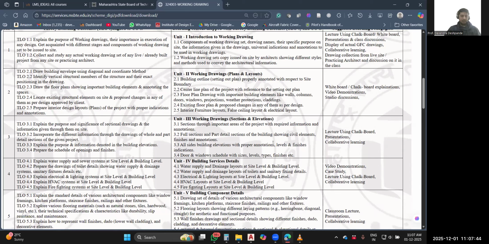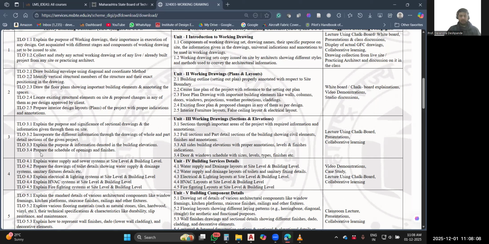The third unit is about developing sections and elevations, as we have seen in the sample layout drawing. The very first TLO for this particular unit is to explain the purpose and significance of sectional drawings and the information given through them on site.